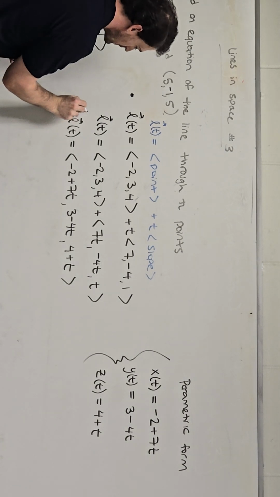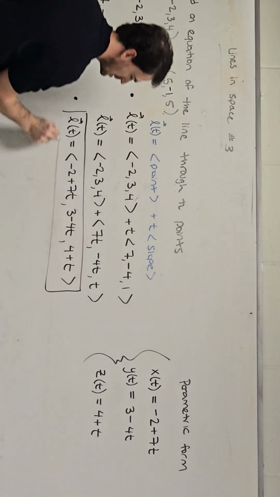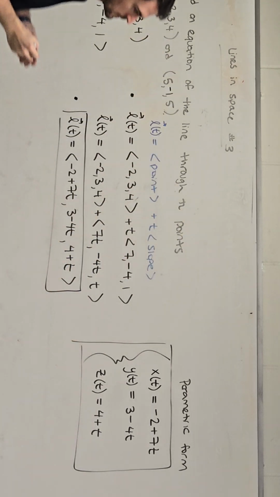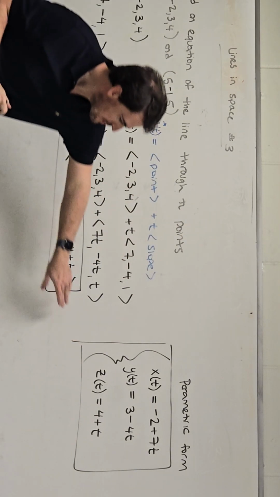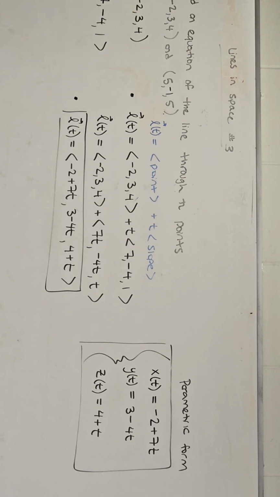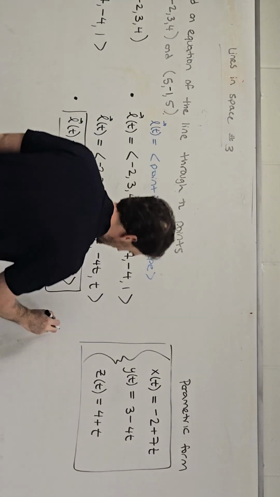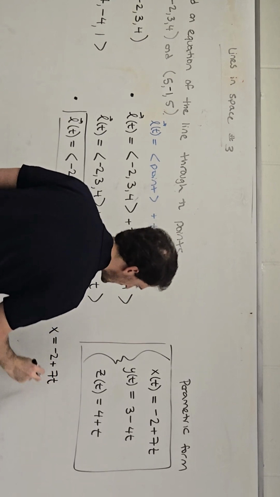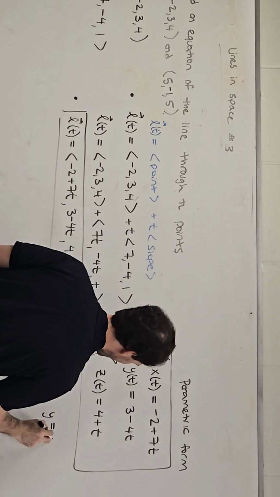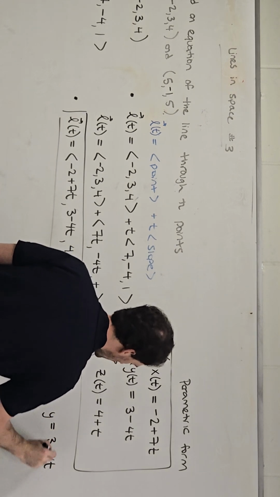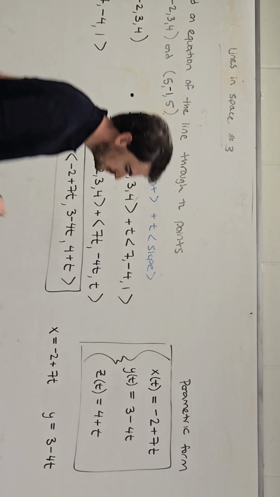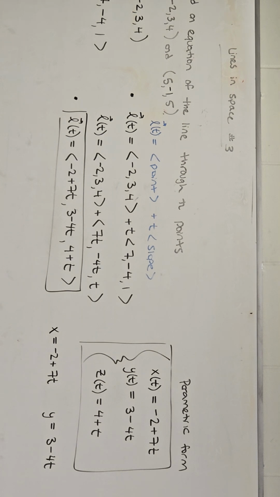So we had vector component form, parametric form, and the last one was that symmetric form. So go ahead and grab your equations. Maybe ditch that function notation, just write x equals, just write y equals, just write z equals. And for each of those equations, solve for t.